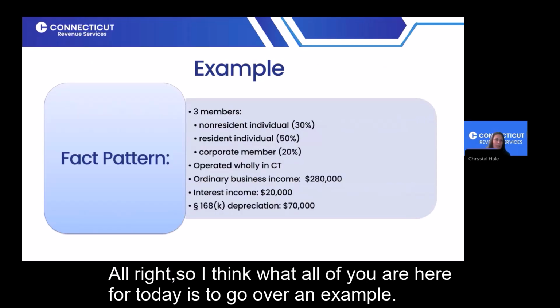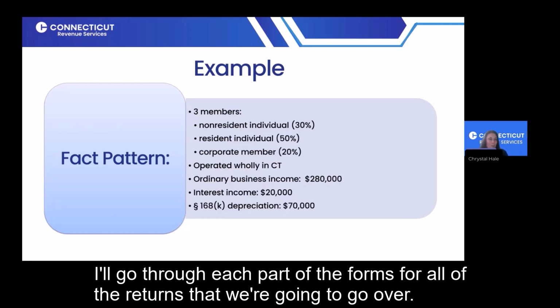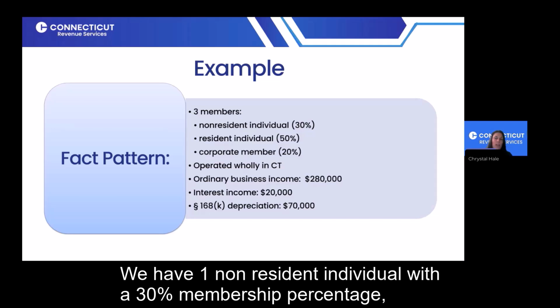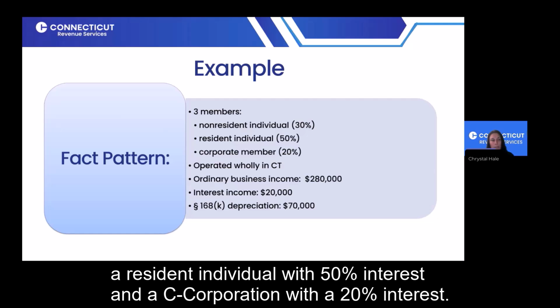All right, so I think what all of you are here for today is to go over an example. I'll go through each part of the forms for all of the returns that we're going to go over. Here's the example that we're going to use throughout. We have 3 members. We have one non-resident individual with a 30% membership percentage, a resident individual with 50% interest, and a C corporation with a 20% interest.